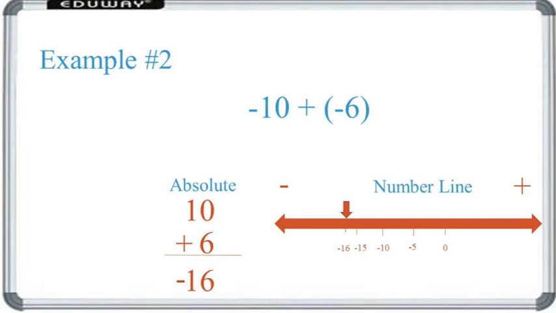So I'm going to go over to this would be negative 15 and would be here, because remember, when we subtract we go to the left on the number line, and when we add we go to the right. So subtraction of 6 would leave me here at the negative 16. So you get the same answer, but this is more sensible, I guess you could say.